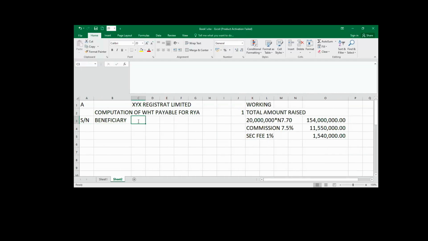We have the gross amount, so that it will be easier for us. Then we have the withholding tax amount, then the relevant tax authority.